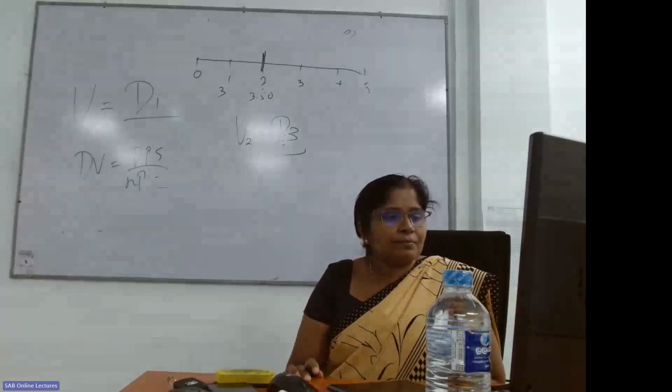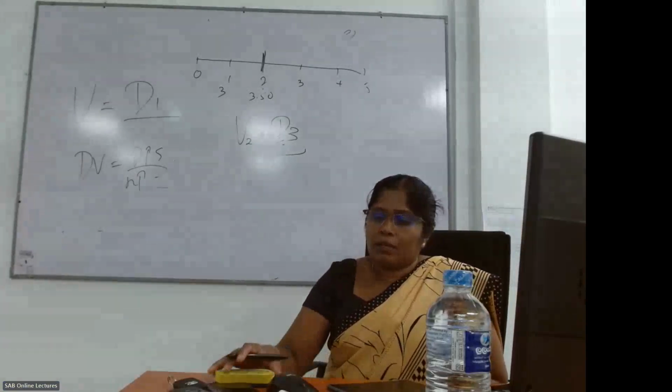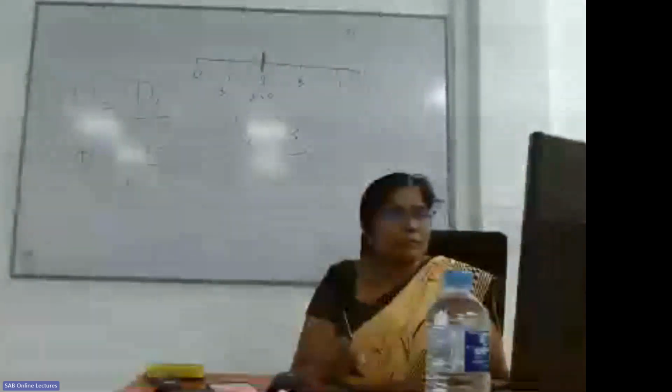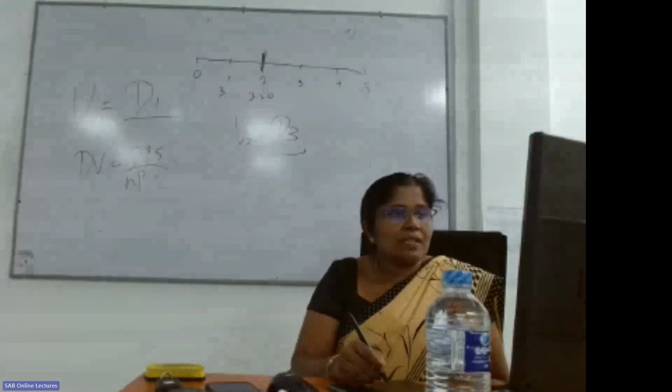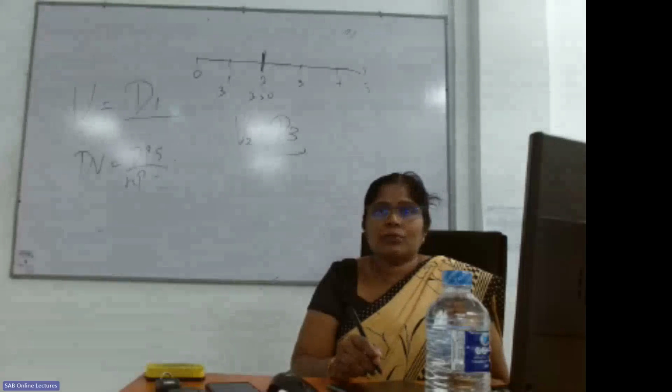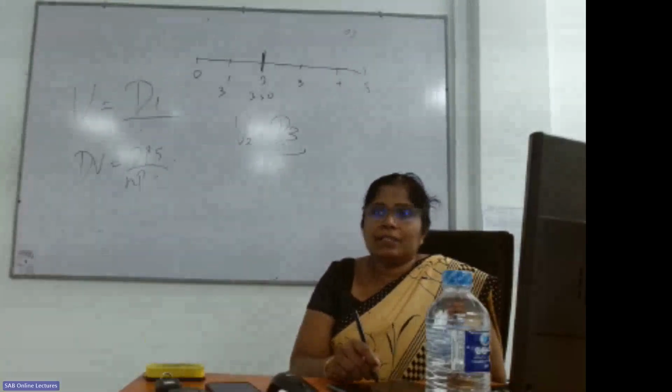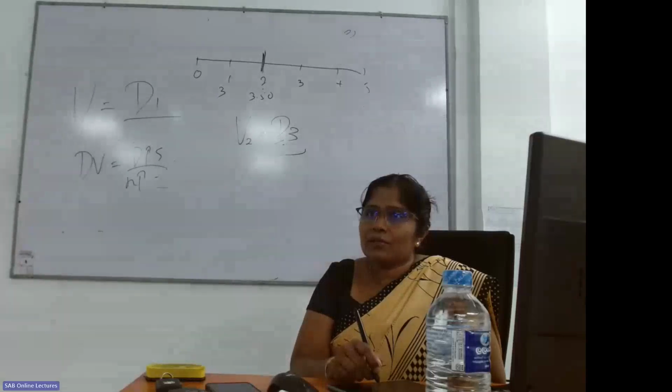So then how much is the just paid dividend? 7 rupees. So is it D1 or D0?